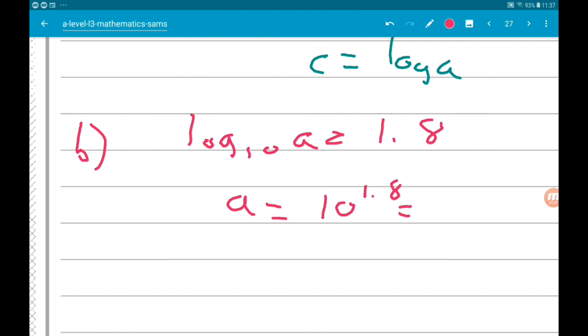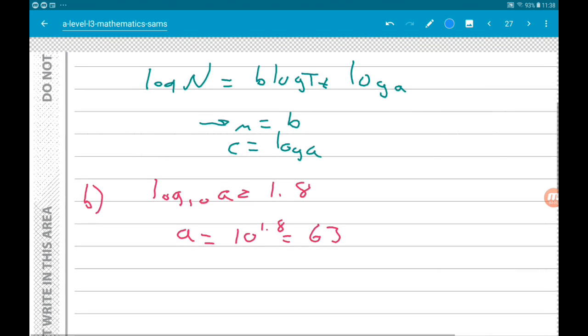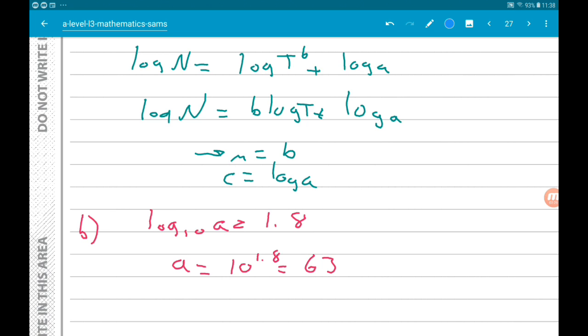Now if we go to the nearest whole number, that gives us 63. And then in our model, we found that m, the gradient, was b.